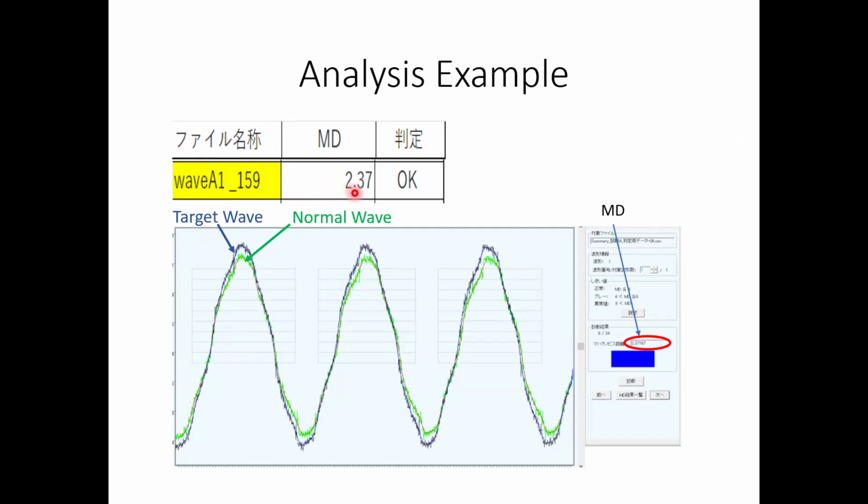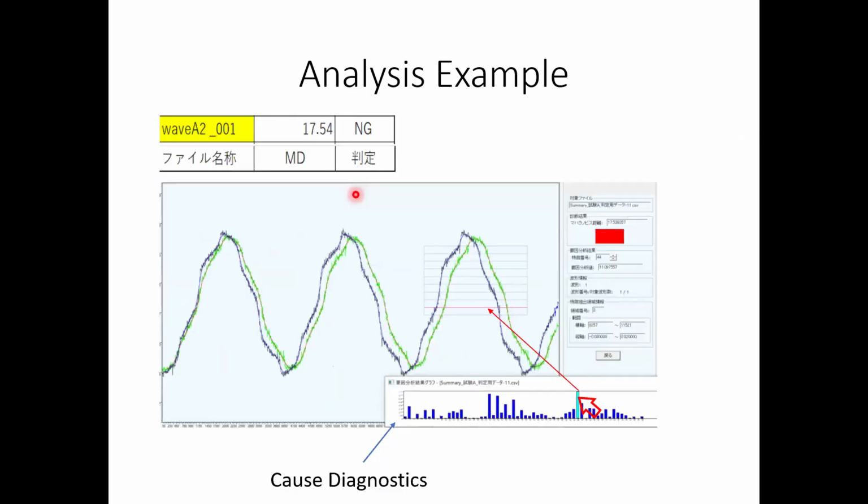The value is small, so judged to be normal. The next example is judged abnormal due to the large MD. In this case, MD is over 17. Threshold is set at 4.